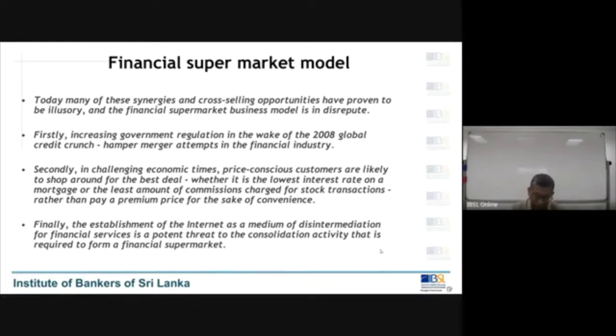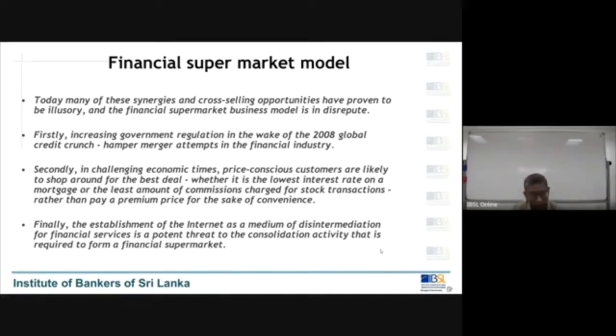The financial conglomerate is basically a financial institution that engages in banking, insurance, and securities business, at least more than 2 of them, right? More than 2.